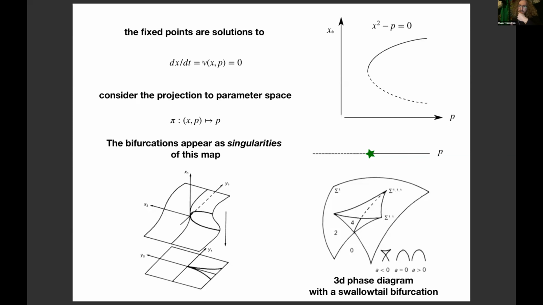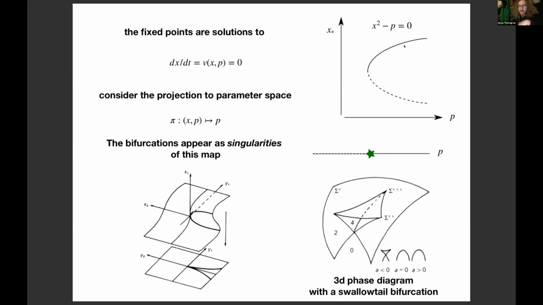But you can think about this in an any-dimensional system, really. The fixed points are going to be solutions of this equation, dx/dt equals 0, which is some function of x and p. So this describes a hypersurface inside this space of x and p.